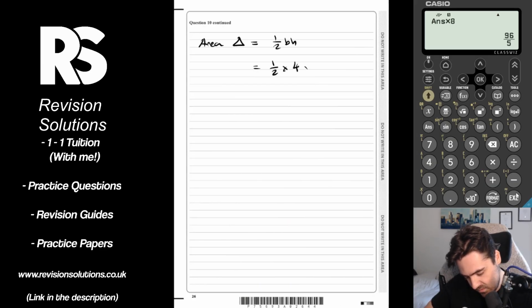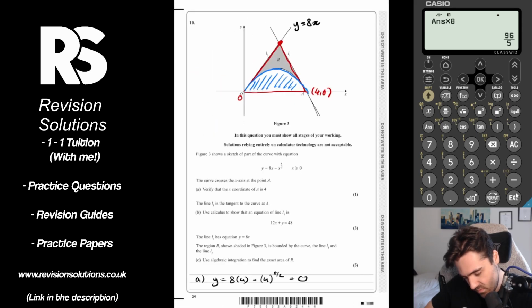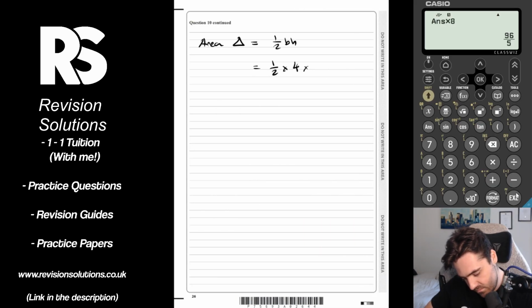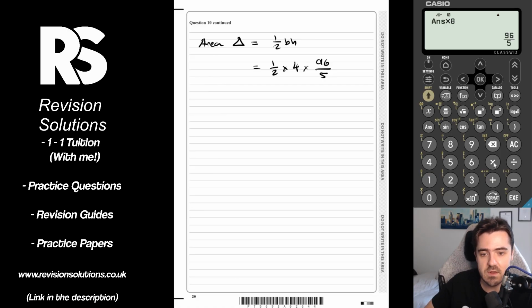And then the height was our y-coordinate of our intersection point that we found, so this height here, which we saw was 96 over 5. Times 96 over 5. And then half times 4 is 2, and then times 96 over 5. So just times this thing in our calculator by 2, which is 192 over 5 for the area of our triangle.